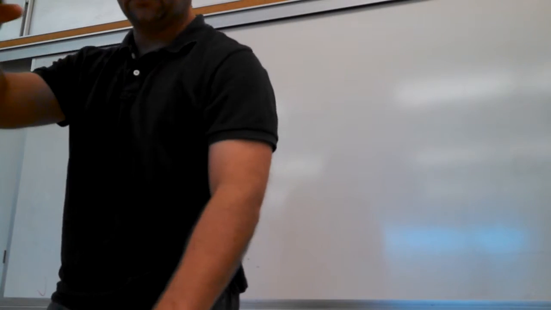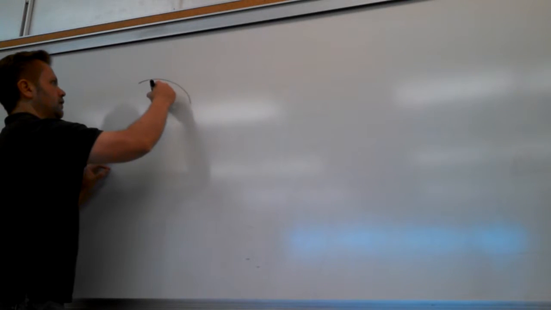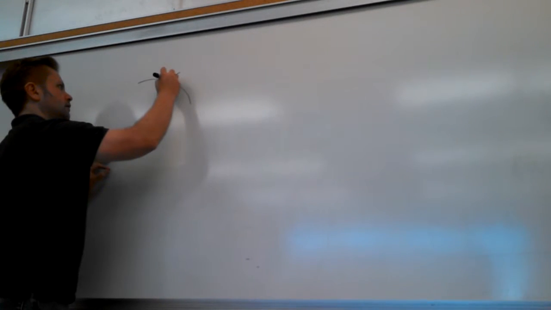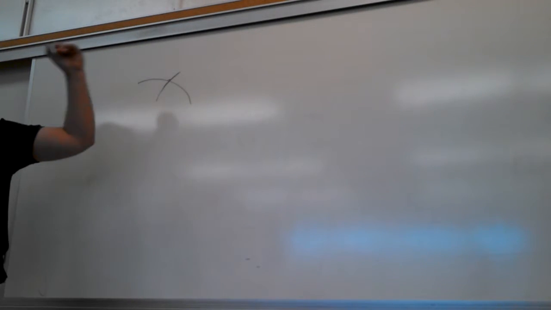So two curves are orthogonal if their tangent lines are perpendicular at every point where they intersect. So for example, if I had a curve like that, and then there's a curve that comes in like that, and this was right there, their tangent lines are perpendicular, I would say that these two are orthogonal to each other.